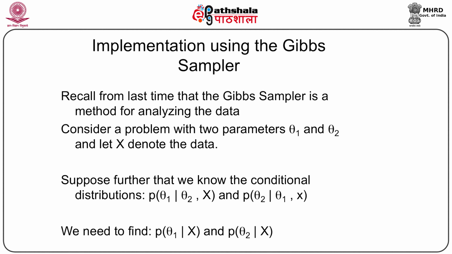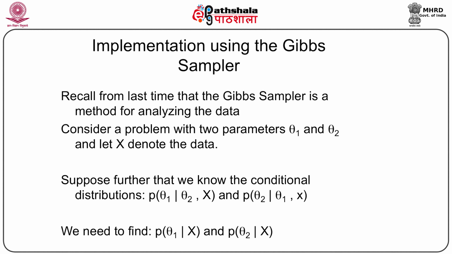We need to find the posterior distribution of theta 1 given x and theta 2 given x. So our goal is to find the posterior distribution of each parameter, theta 1 and theta 2, given the data.